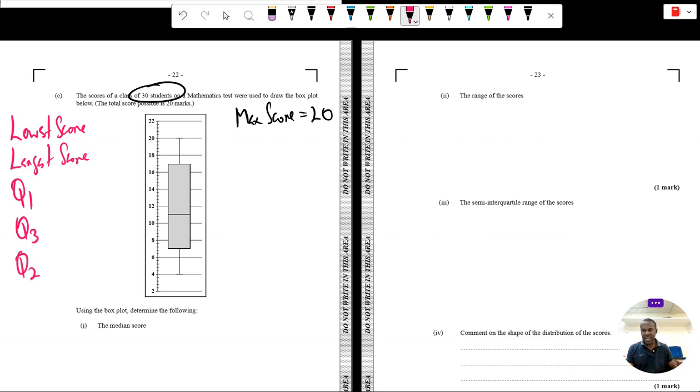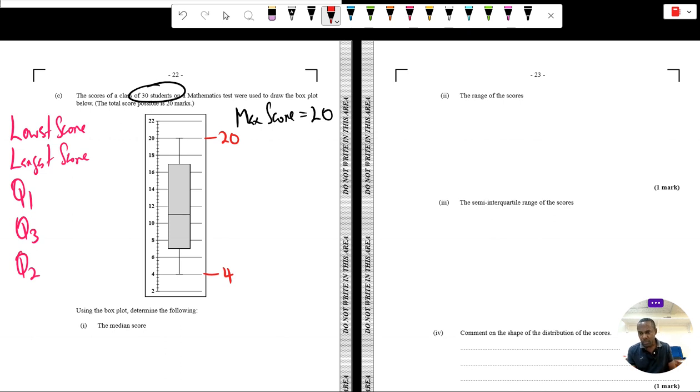Let's see if we could actually identify those from the box and whisker plot. So clearly, the lowest score is, of course, 4, and that's where the lowest tail extends to, right? So this value right here is 4. The lowest score is 4. And clearly, this value here is 20. So the lowest score is 4, and the largest score is 20, right?